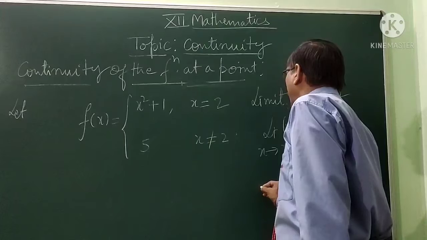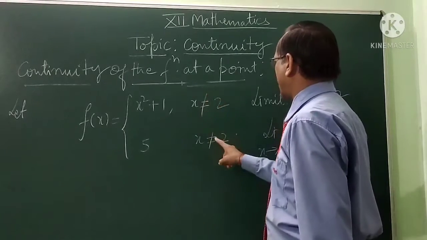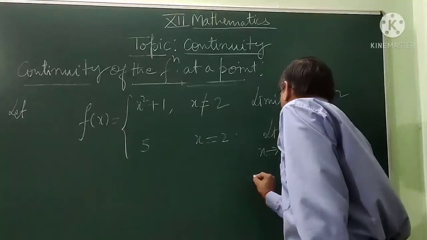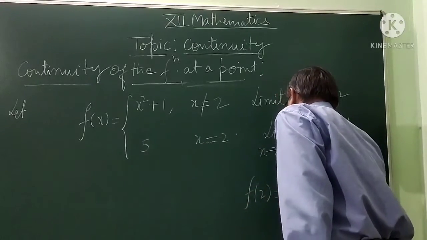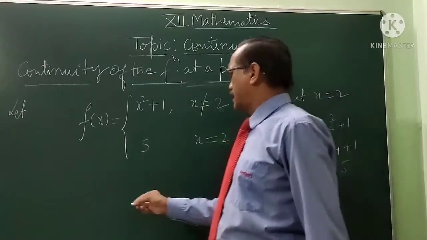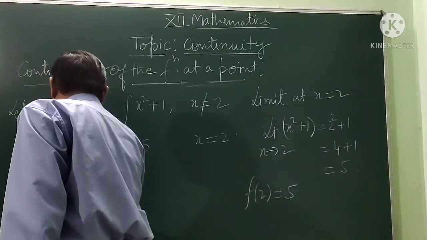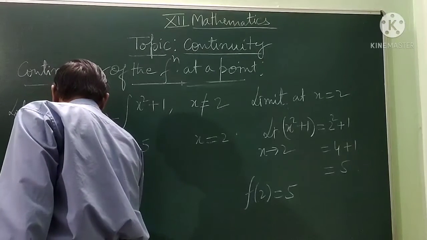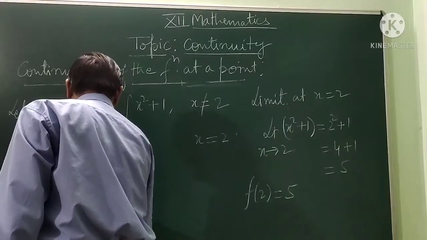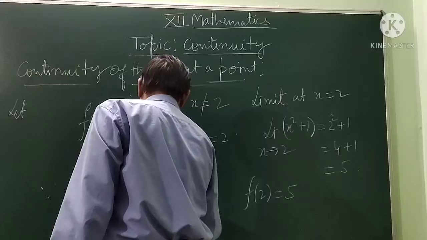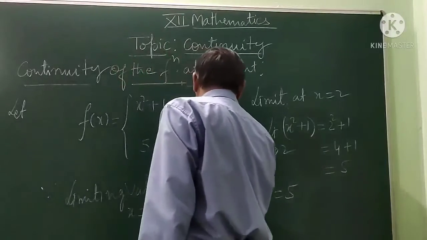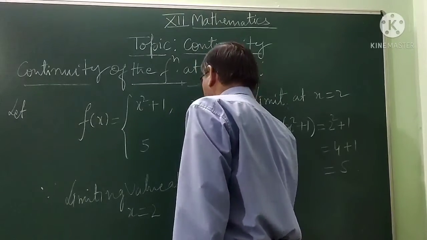This is the case when x is not equal to 2. When x equal to 2, it is 5, so f(2) is also 5. Since the limiting value at x equal to 2 equals the value of the function f(2), both are 5.